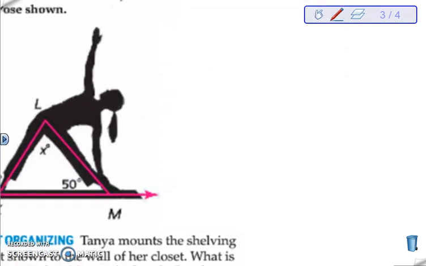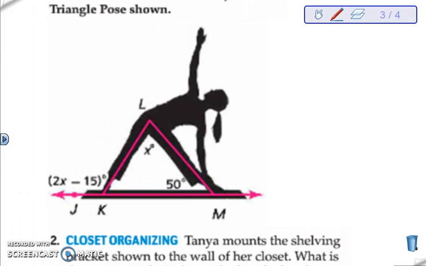So if we look at this picture right here, we notice we've got a triangle. We are asked to find the measure of angle JKL in the picture. So notice we go J, K, and then L, so we need this guy.